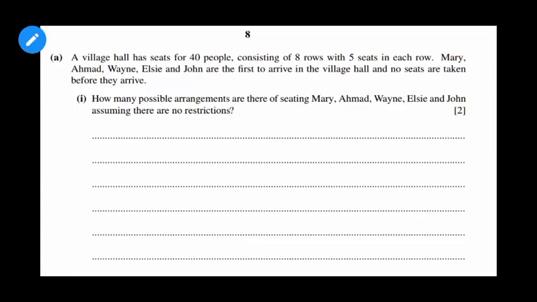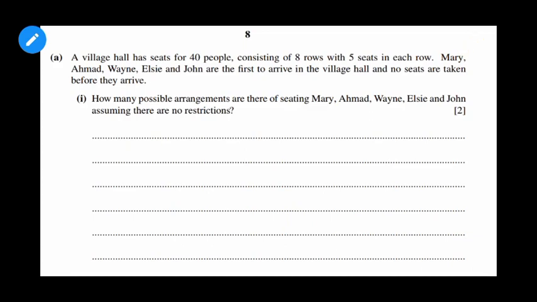Good morning. Let's look at a few more questions on permutation and combination from past papers of 2017. A village hall has seats for 40 people, consisting of 8 rows with 5 seats in each row.